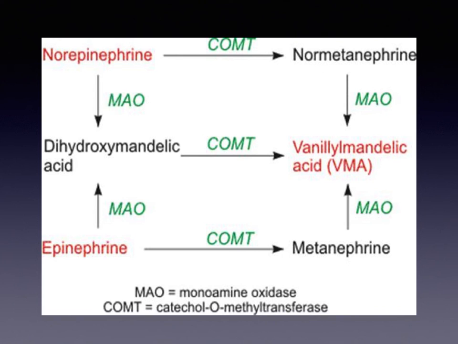I found another article talking about epi synthesis and the release of it. Epi is synthesized from norepi within the adrenal medulla, which are small glands associated with the kidneys, and preganglionic fibers of the sympathetic nervous system synapse with the adrenals.